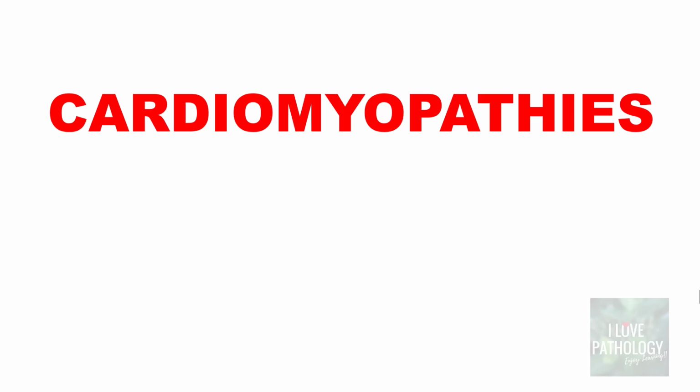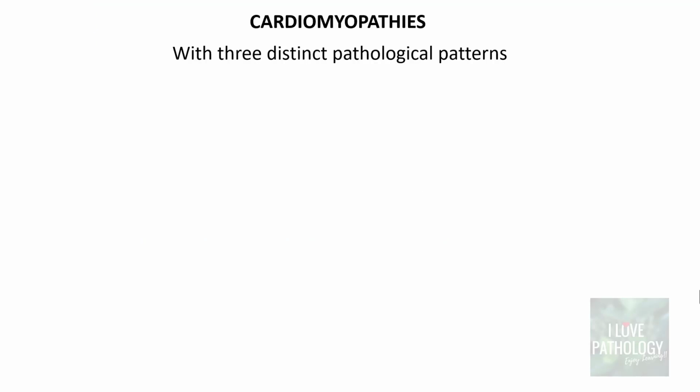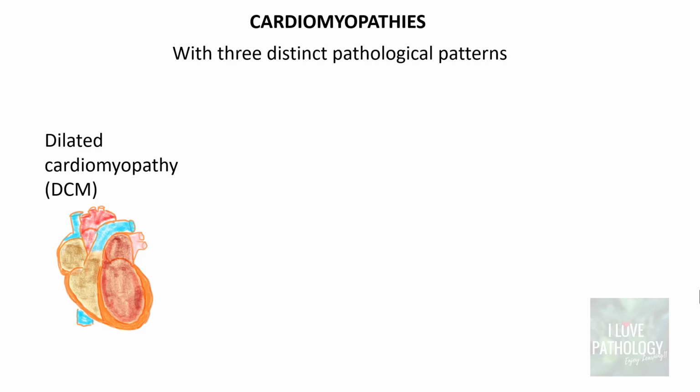In continuation with the series on cardiomyopathies, in today's session, let's discuss a very important type of cardiomyopathy, that is hypertrophic cardiomyopathy. In my previous session, I had discussed dilated cardiomyopathy, right? So we know that in cardiomyopathies, there are three distinct pathological patterns.